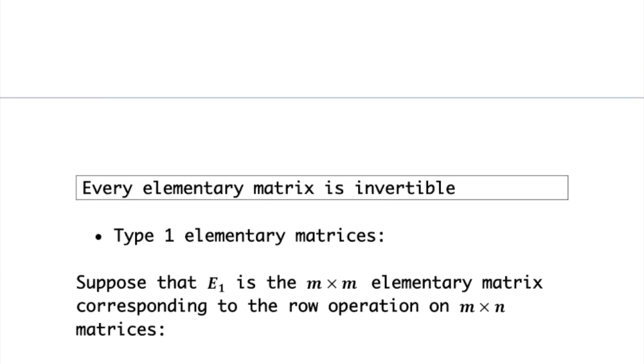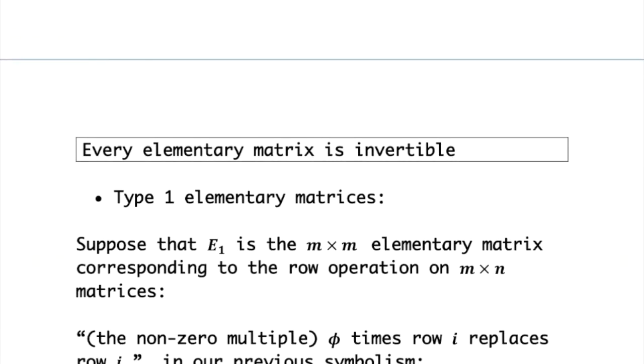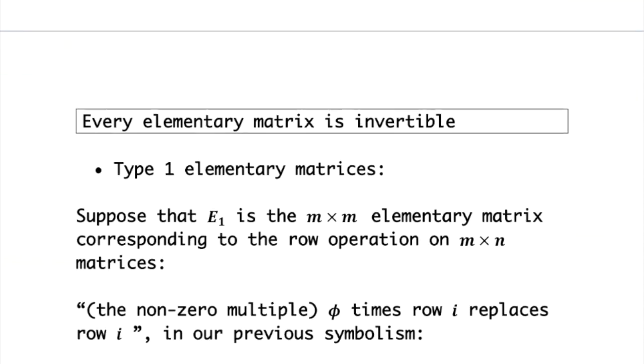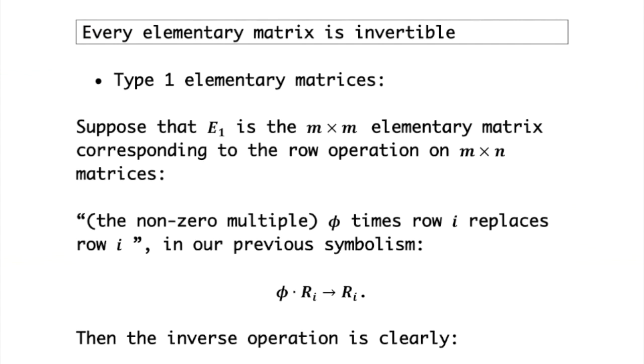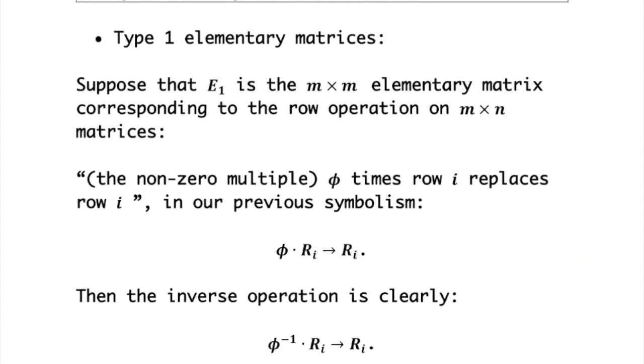Here's a fact you want to remember. Every elementary matrix is invertible, and we'll see why here. Let's talk about the type 1 elementary matrices. Suppose E1 is the m by m elementary matrix corresponding to the row operation on m by n matrices consisting of this: phi times row i replaces row i.